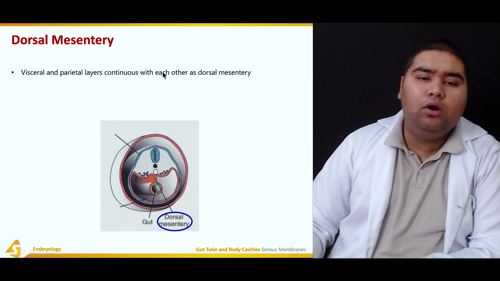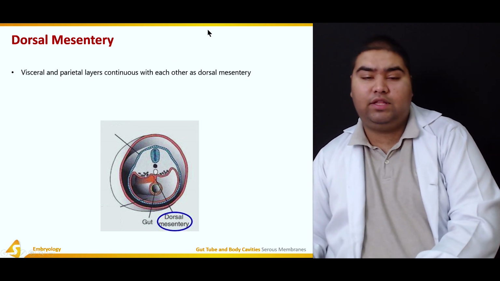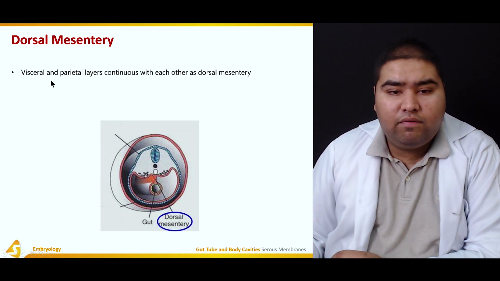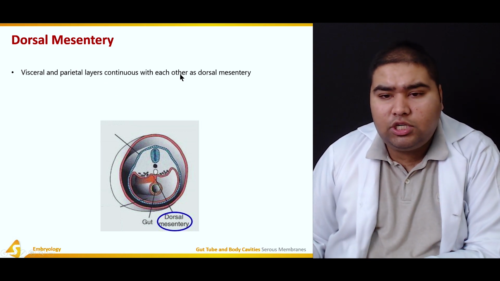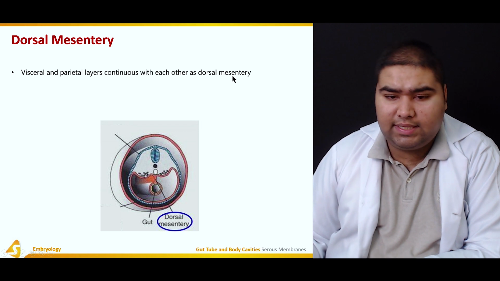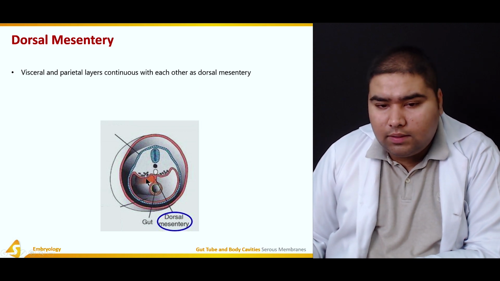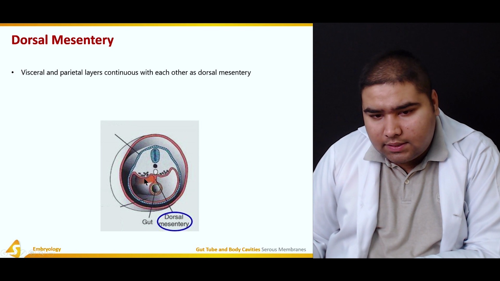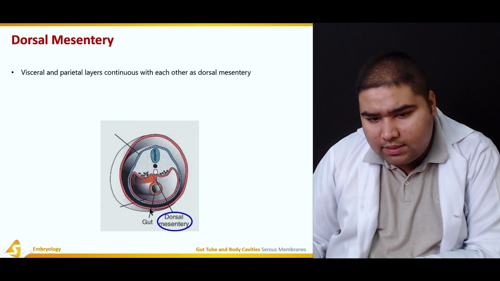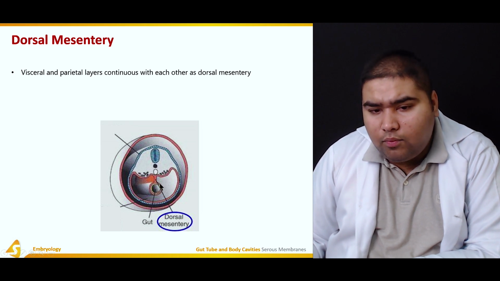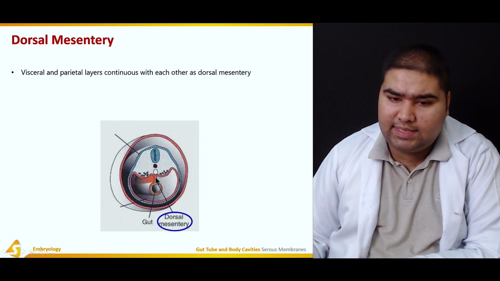So let's take a look at what we have in the dorsal mesentery. Visceral and parietal layers are continuous with each other as the dorsal mesentery. This was the visceral layer and this was the parietal layer. Both of them are continuous here where the dorsal mesentery is.